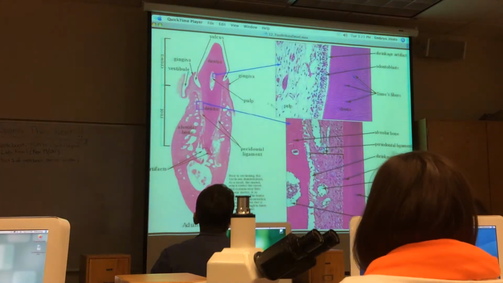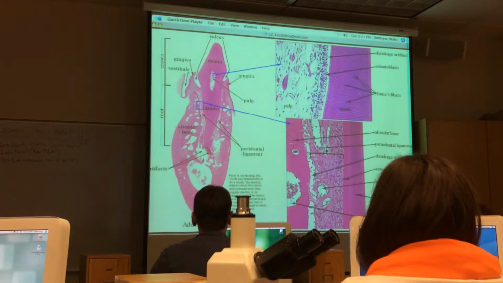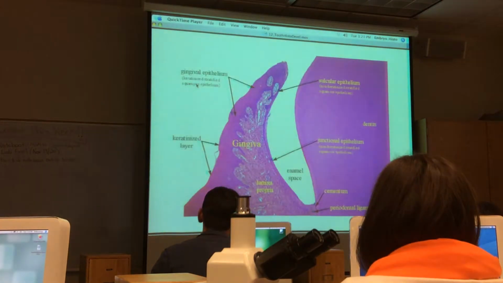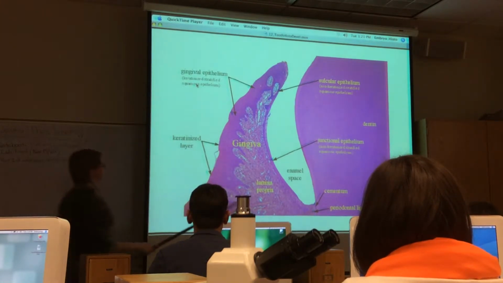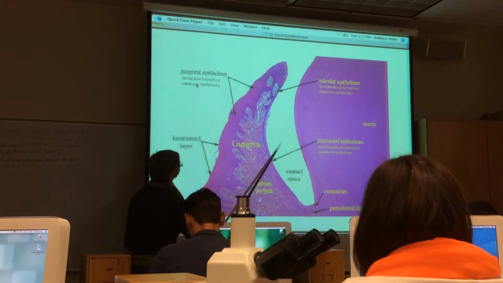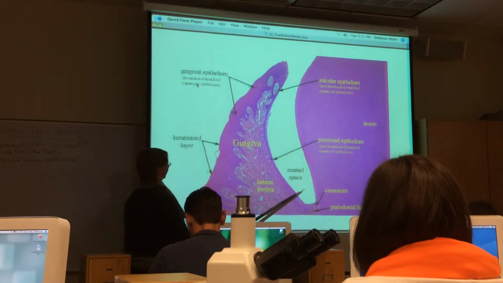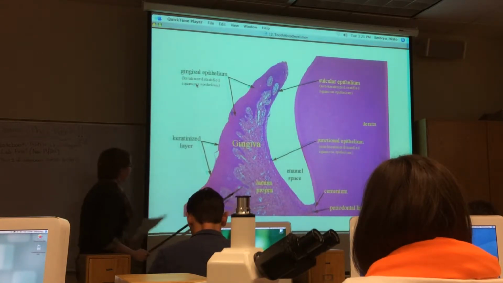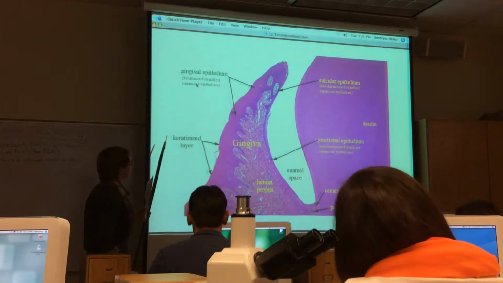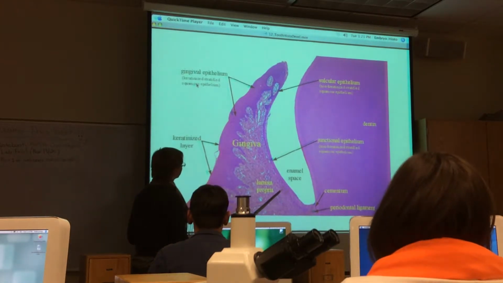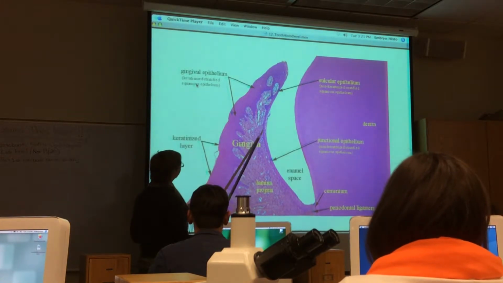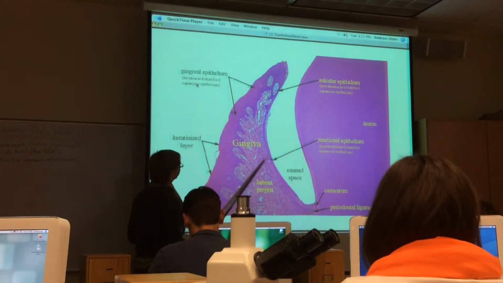Okay. Yeah, so if we zoom in on this area right here, that's the next image. Again, we're in that gingival sulcus. It can also be called the enamel space right here, because of course enamel would be in that space. And there's again some other important epithelial tissue running along this enamel space where your tooth would be. And this is called the junctional epithelium.